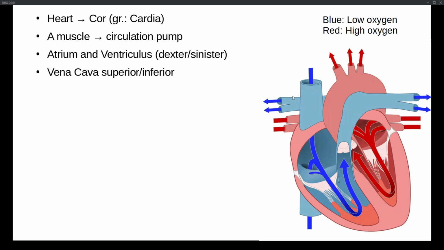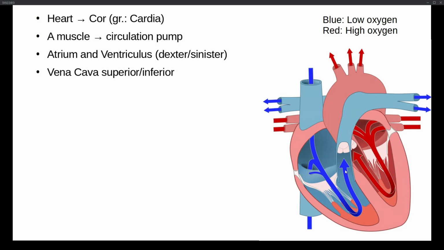So what is a vein actually? A vein is defined by leading blood towards the heart. Of course, most of the time you want to lead blood towards the heart when it's deoxygenated, and then you would paint it blue. But this is not always the case.